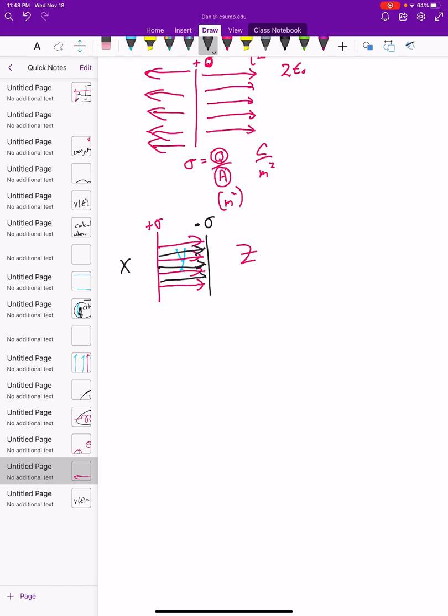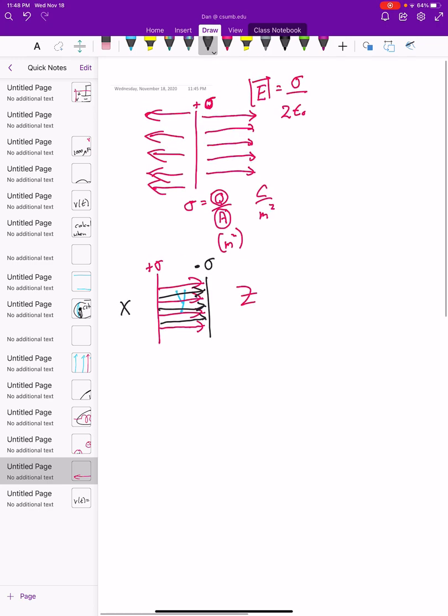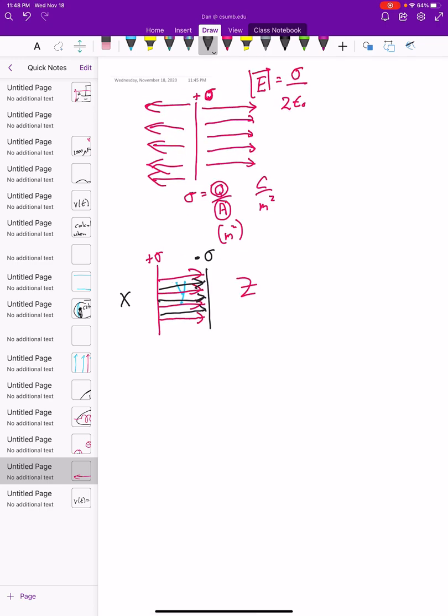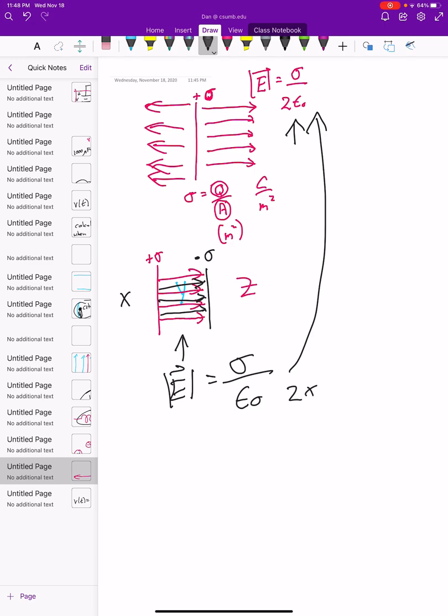The result is that between the two plates, the effect is reinforced by the other plate. So you're going to have twice the electric field here that we did over here. The electric field between the two plates is going to be equal to the charge density on either one plate or the other, divided by epsilon 0. So it's twice the value that it was for a single plate.